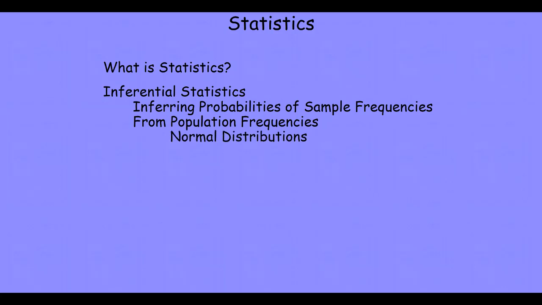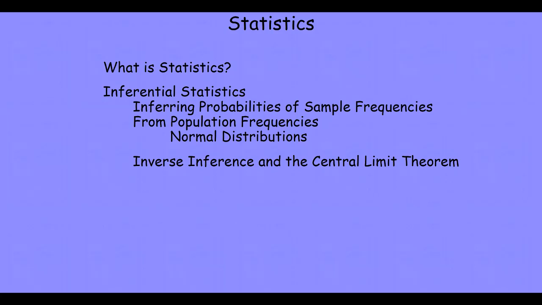What we'll see is that when we start doing that in a systematic way, the frequencies of those samples will arrange themselves around the population frequency, where the most probable sample frequency is the one that's the same as the population frequency. And as you move in either direction, greater or lesser frequency, you start to get this bell-shaped curve that is the normal distribution, so that the sample frequencies and their likelihoods will be normally distributed around the population frequency.